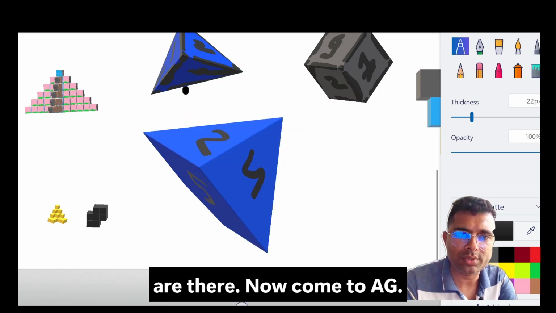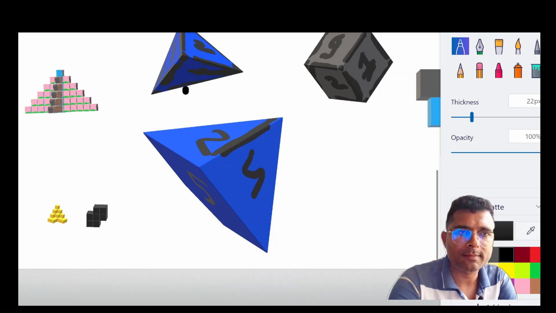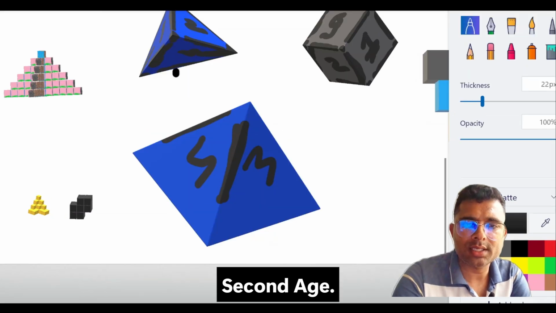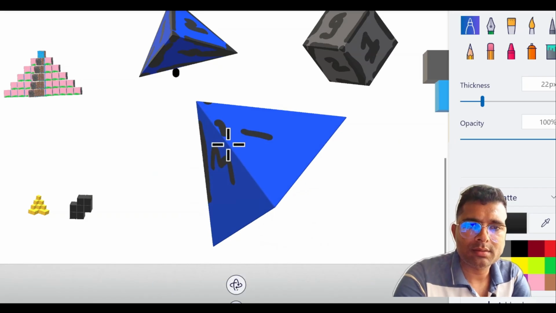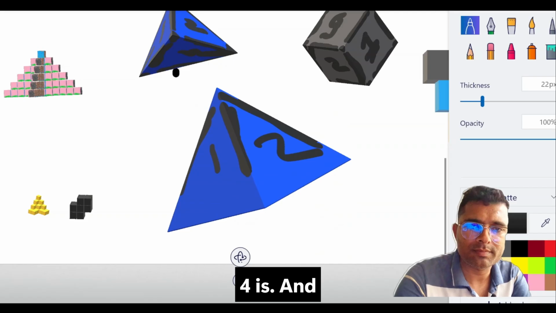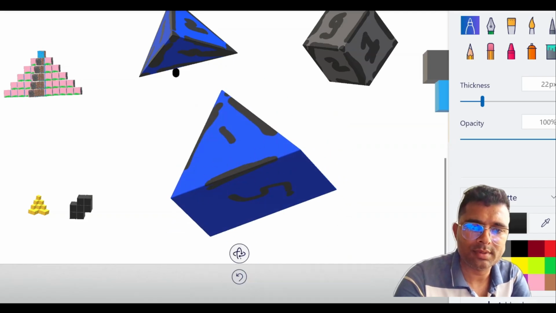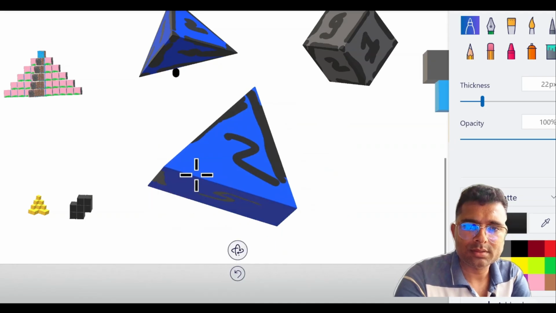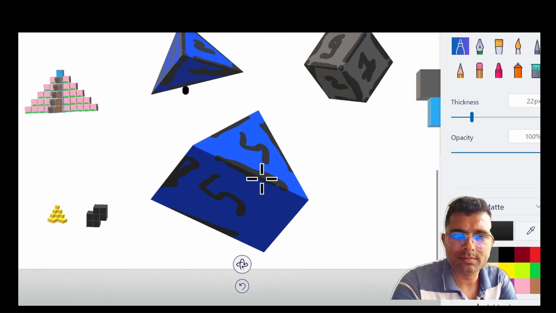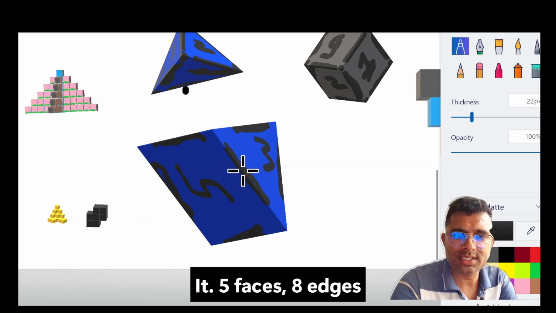Now come to edges. 1 edge, second edge, third edge, 4 edges, and 4 at the bottom. 5, 6, 7, 8. 5 faces, 8 edges.